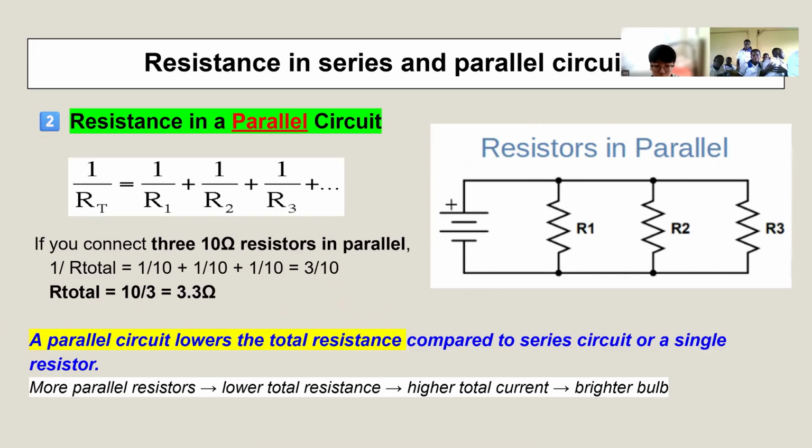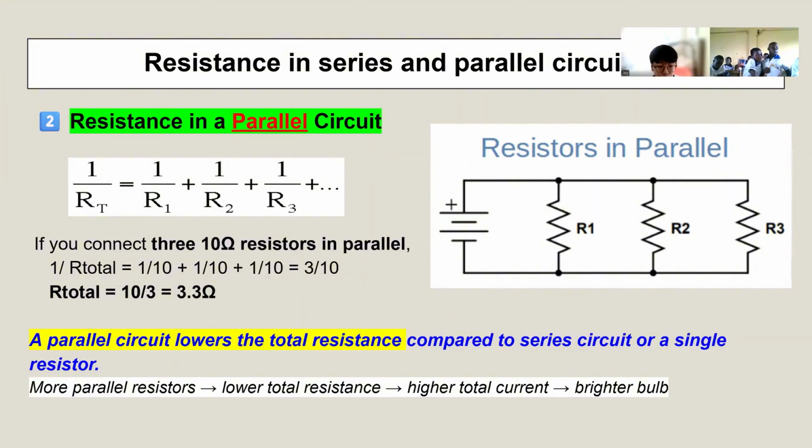So we can conclude that a parallel circuit lowers the total resistance compared to a series circuit or a single resistor. Notice even if you had a single resistor, which was 10 ohms, it's less than that, 3.3, because the resistors are in parallel.